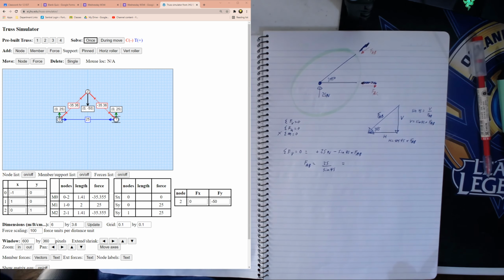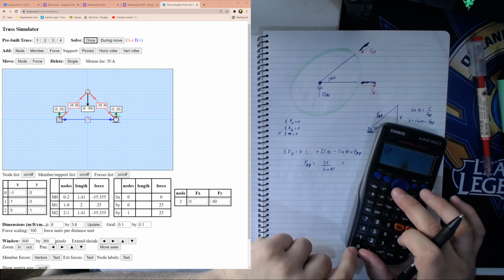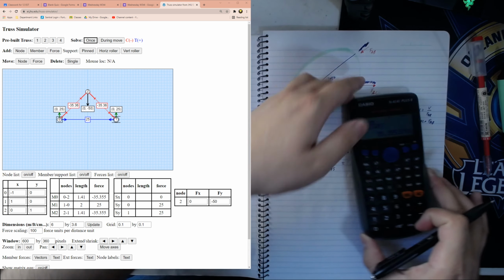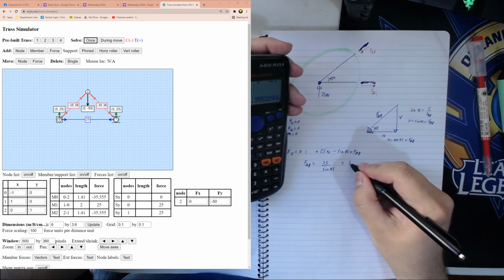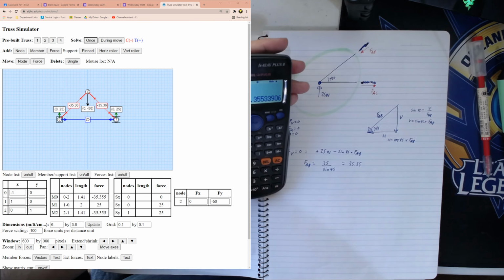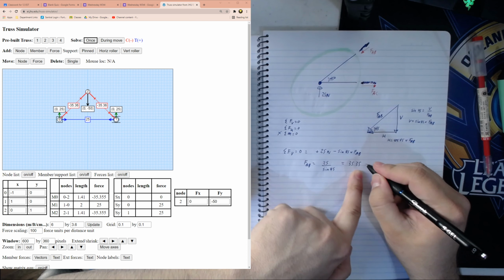And if we plug that into our calculators, we should have 25 over sine 45 equals 35.35. And luckily I have the simulation there just to double check that my answers are good. 35.35, and this is in newtons.